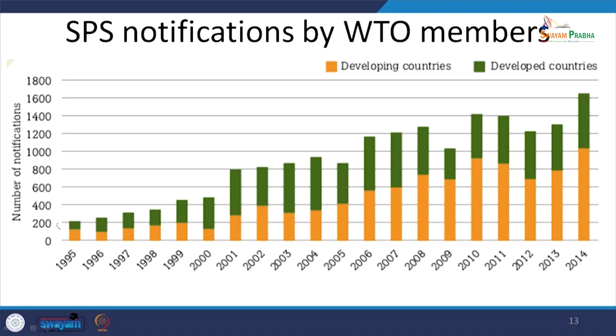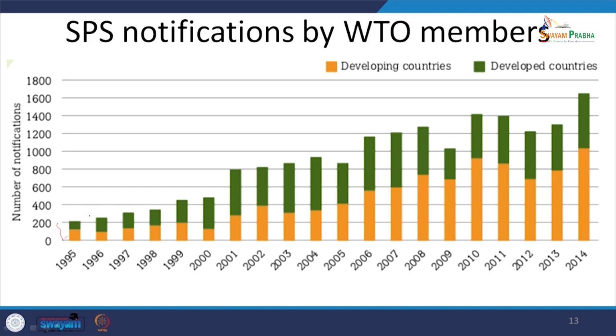Now, look here, the developed countries are in green color and developing countries in another color, where over the time, so far as SPS notifications are concerned, developing countries used to be raising more notifications, since there are no binding clauses raised by the member countries and as per the agreement it is not binding. So, developing countries used to have higher notifications over the time.